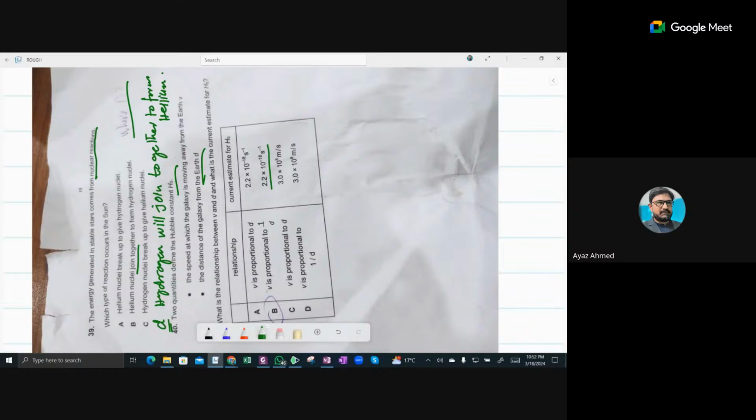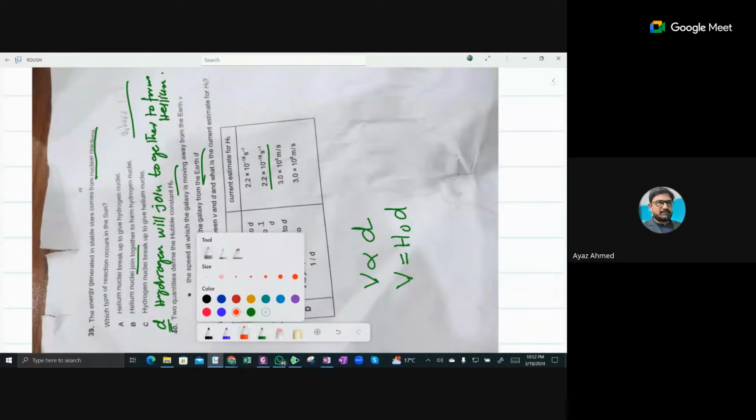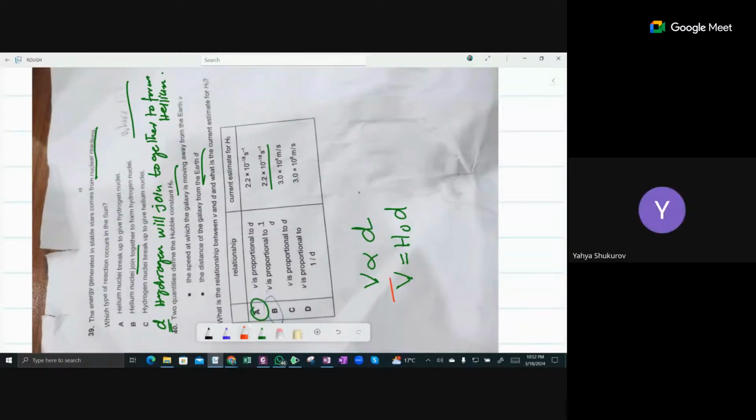No. V is directly proportional to D. So V is equal to H times D. So that is not B, that was option A. Why did you make a mistake over here? I just forgot. Okay. You are not in A levels, otherwise this equation would be given to you.